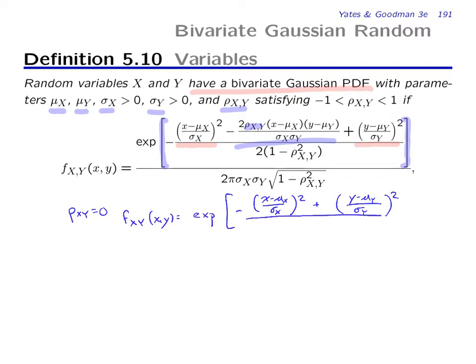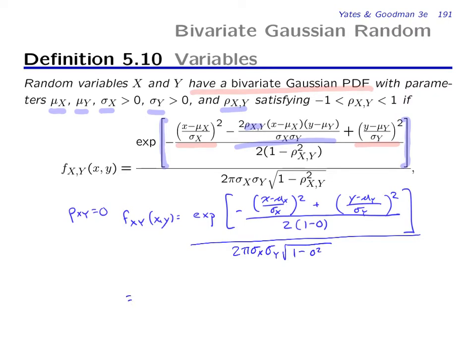And down in the denominator, you just simply have 2 times 1 minus 0. And this whole thing is over 2 pi sigma x sigma y square root of 1 minus 0 squared.